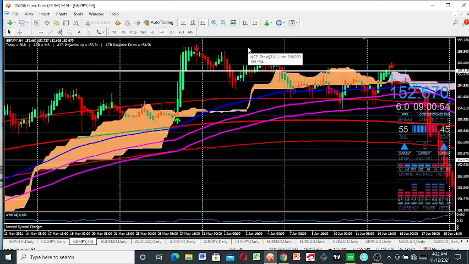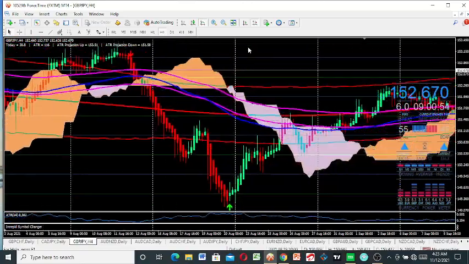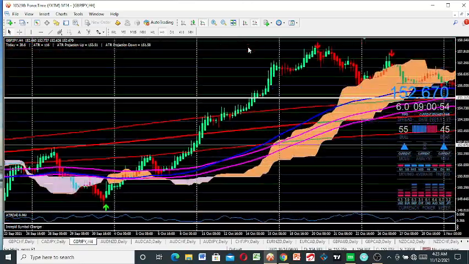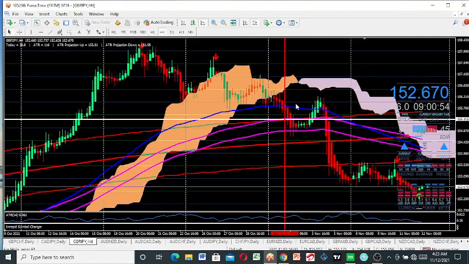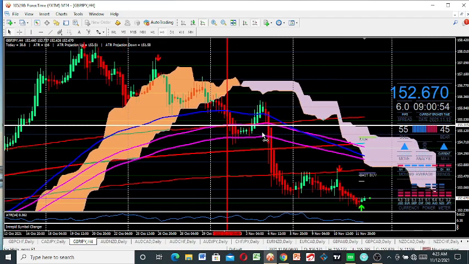In the 4-hour time frame, look at it. This is the particular candlestick that closed here, and we count 26 candlesticks and see what happened.